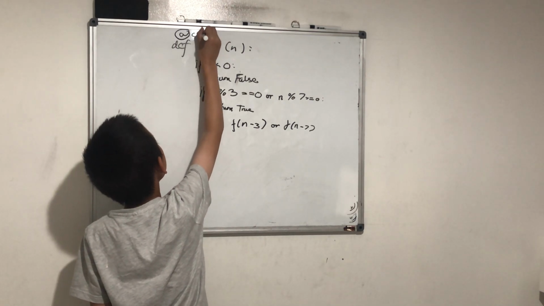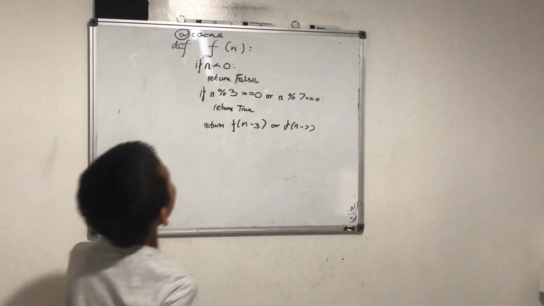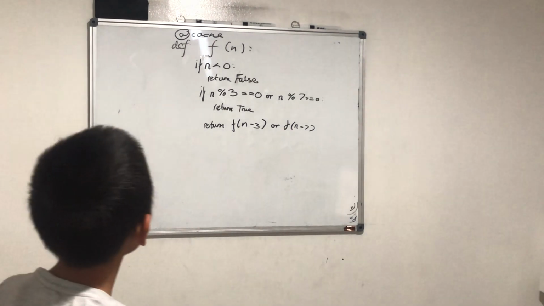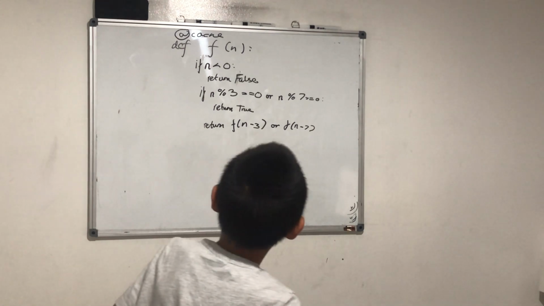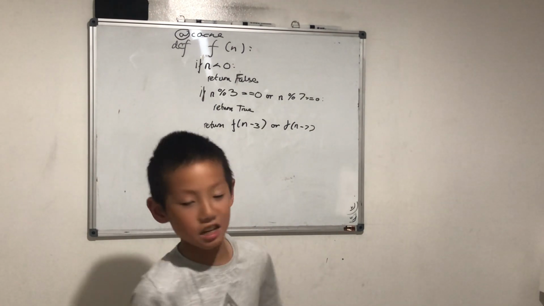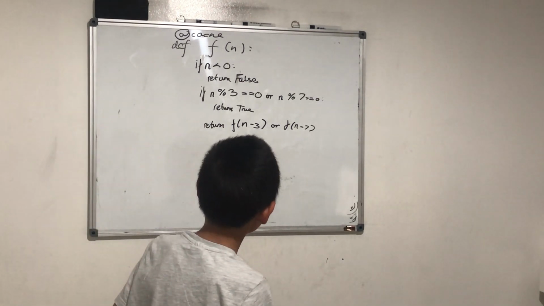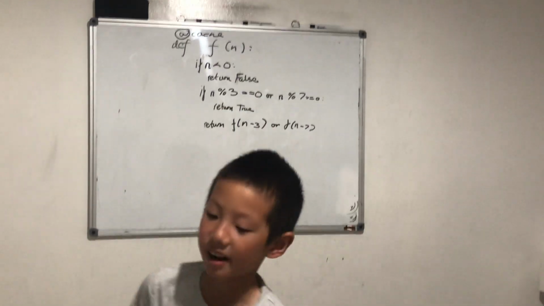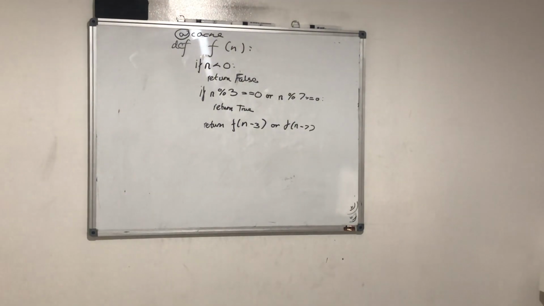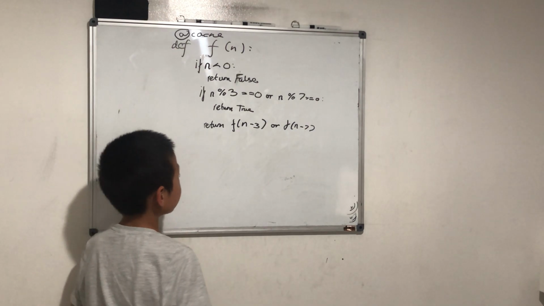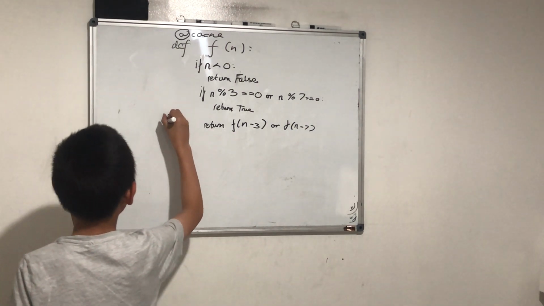Okay, so can you explain to me what's this? Cache. Can you explain to me what's return f of n minus 3 or f of n minus 7? That is f of n minus 3 or f of n minus 7, which means basically that thingy.